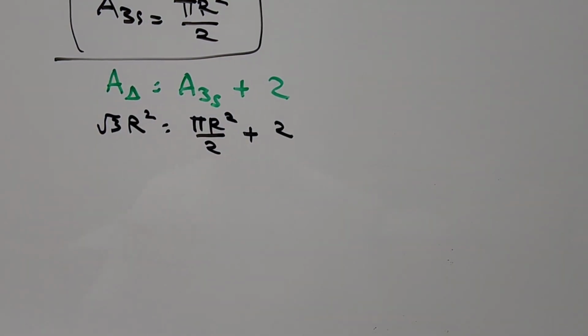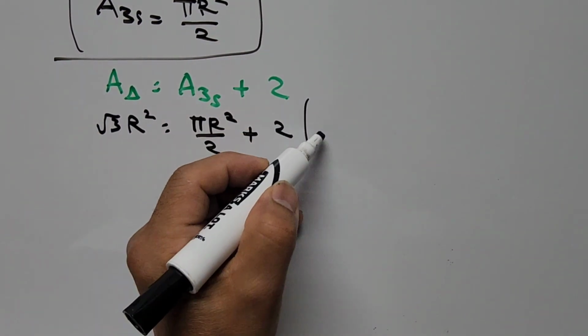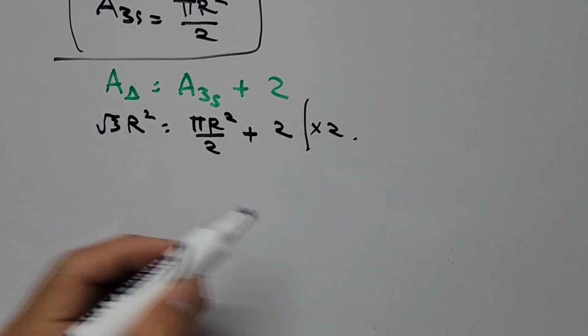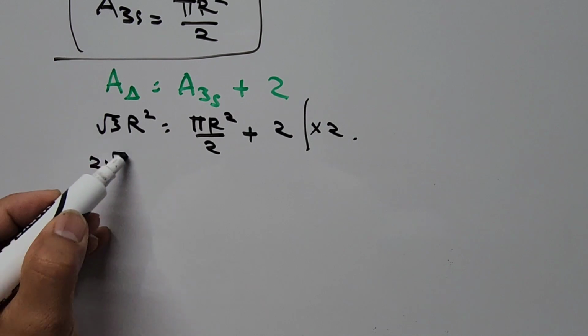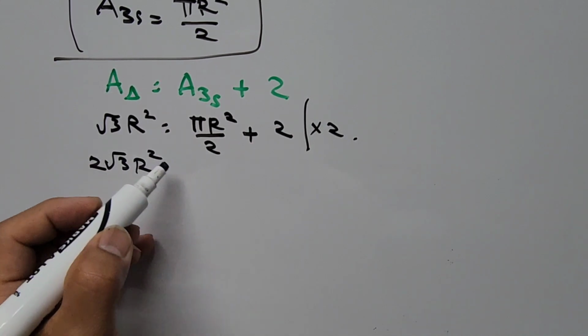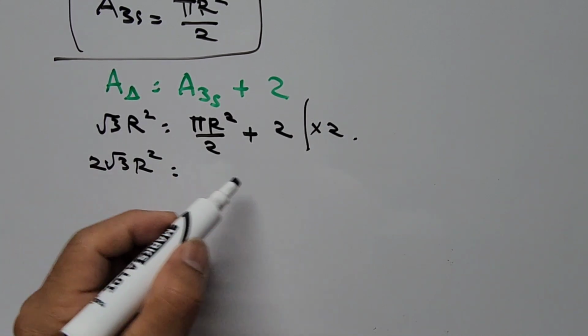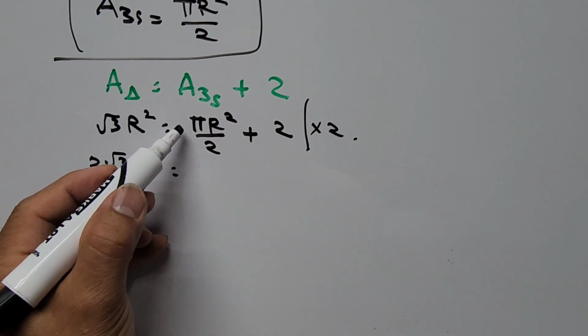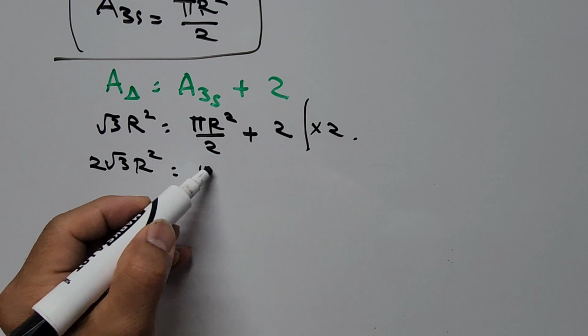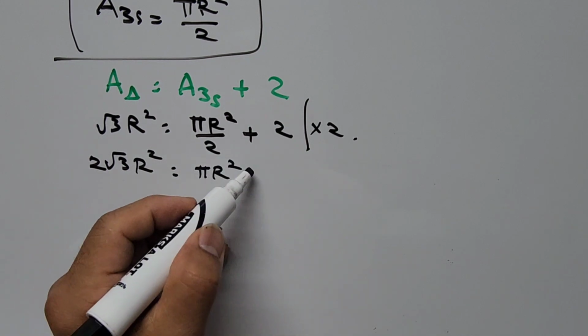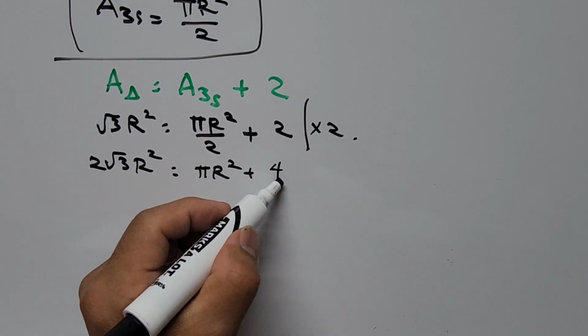Now simplifying our equation, multiply by 2, and so we have 2 times square root of 3 r squared equals 2 times this quantity divided by 2, so we cancel 2, so we ended up with just pi r squared plus 2 times 2 is 4.